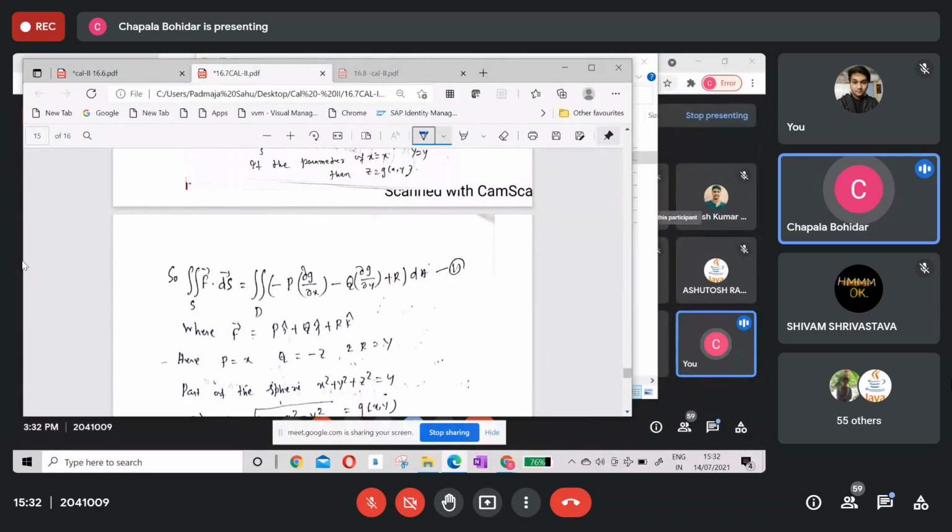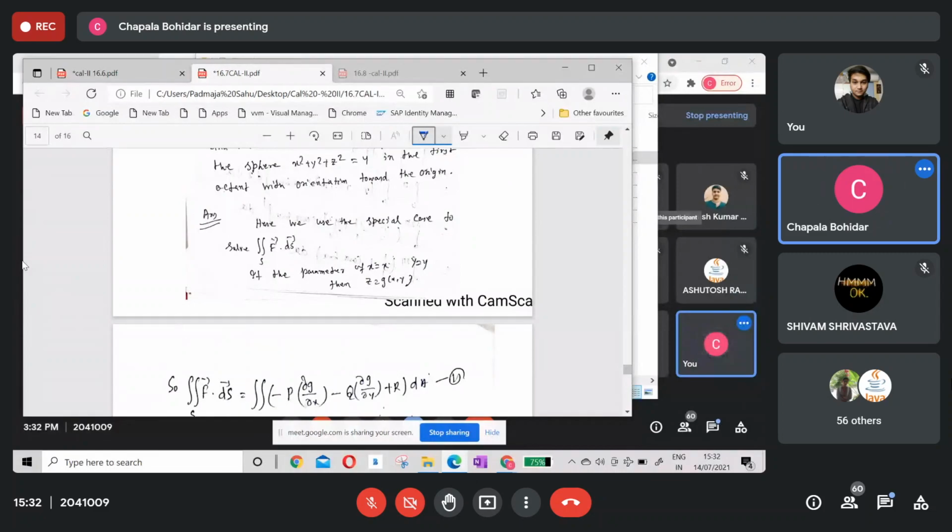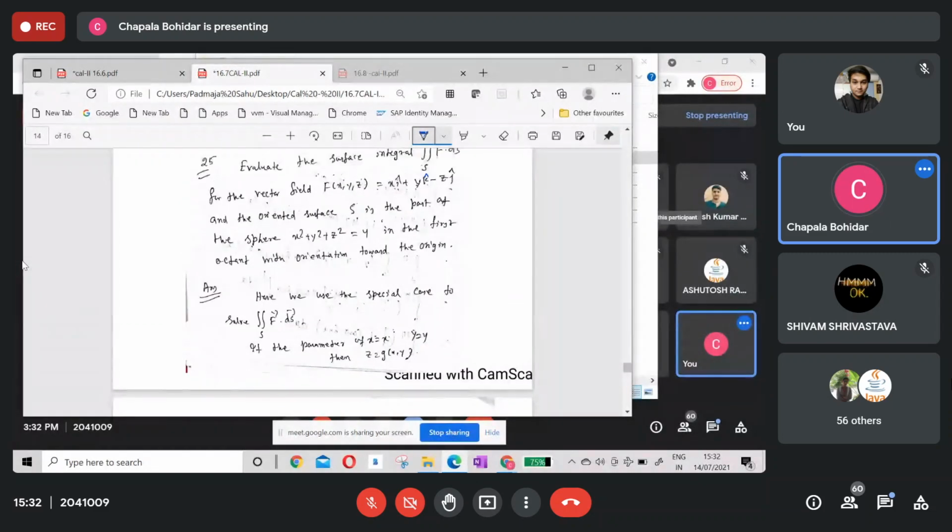Here F has P equal to x, Q equal to minus z, and R equal to y. From the question, you see that P is equal to x, Q is equal to minus z, and R is equal to y.